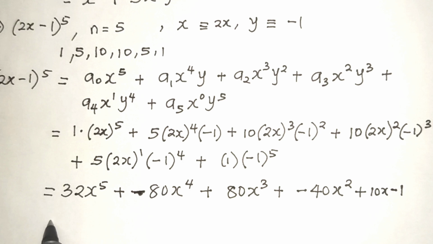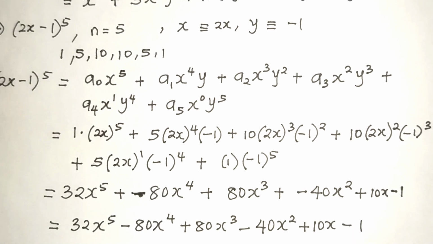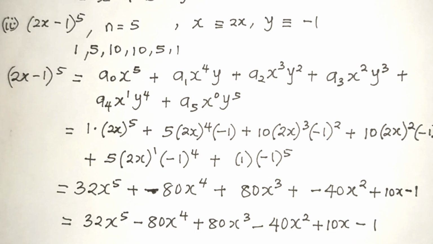So the result is 32x^5 - 80x^4 + 80x^3 - 40x^2 + 10x - 1. So that's the result of expanding (2x - 1) to the 5th power.